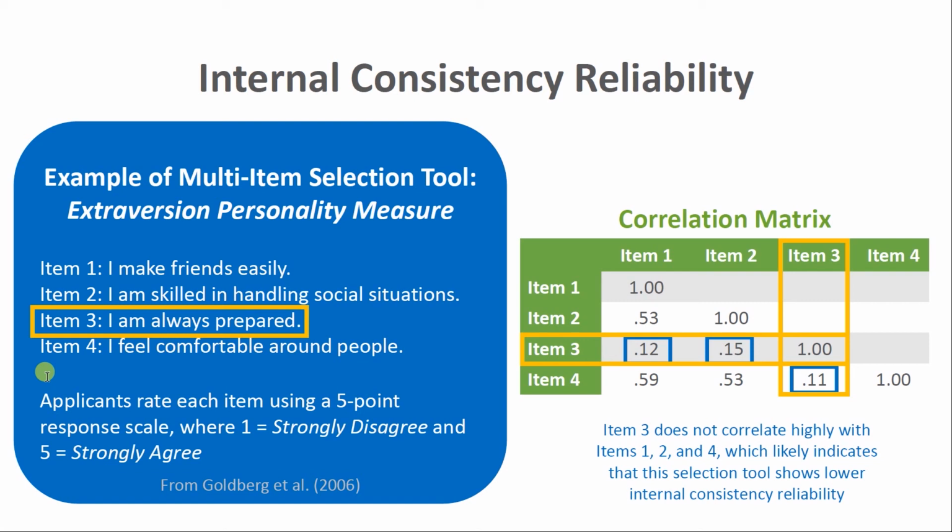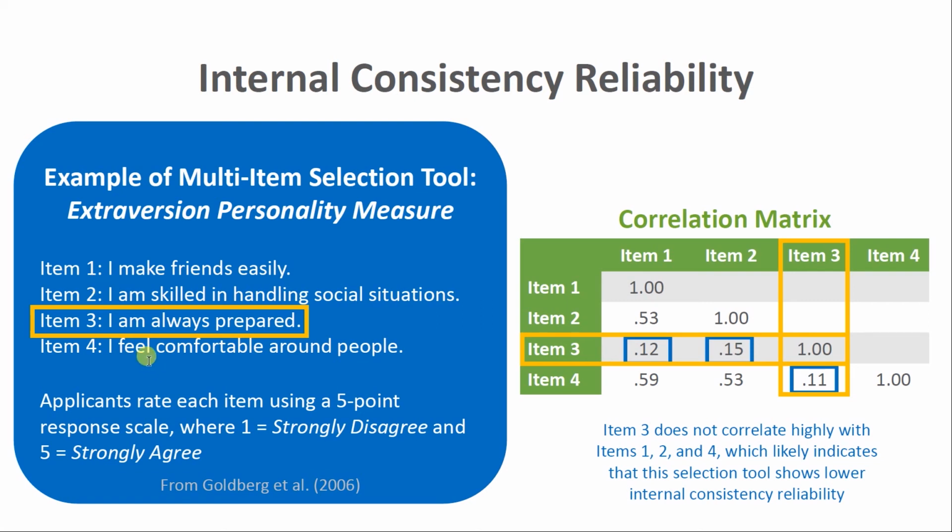And if you take another look at this, these are all 4 supposed to be measuring extroversion, but you can see item 3 says I am always prepared. That doesn't necessarily sound like part of someone's level of extroversion. Extroversion, we typically think of as the extent to which someone is socially dominant and outgoing, just like is indicated here in items 1, 2, and 4.